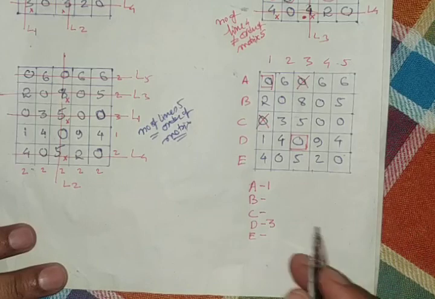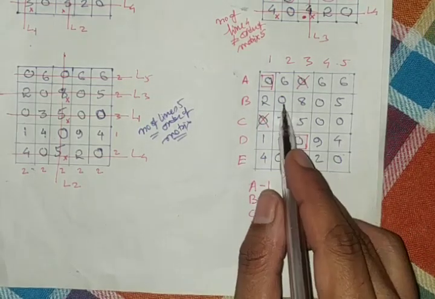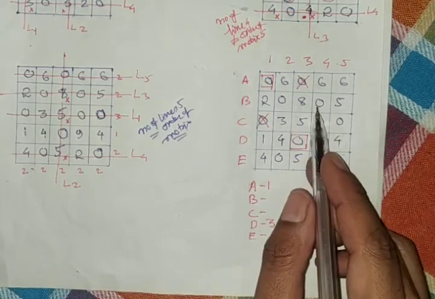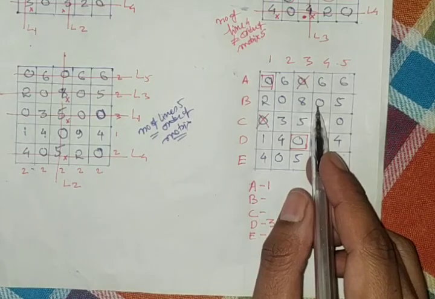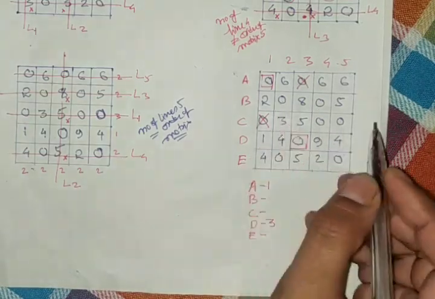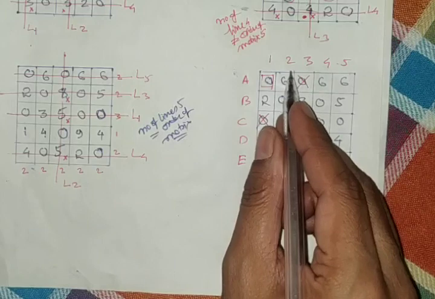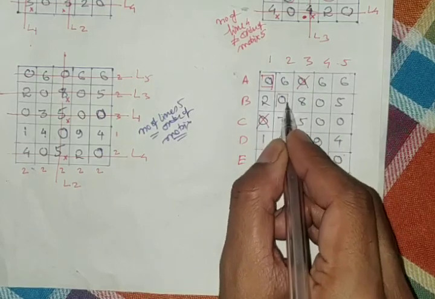Right? So in this scenario you have to select any one. So first we select B, suppose for 2. Let's select this.